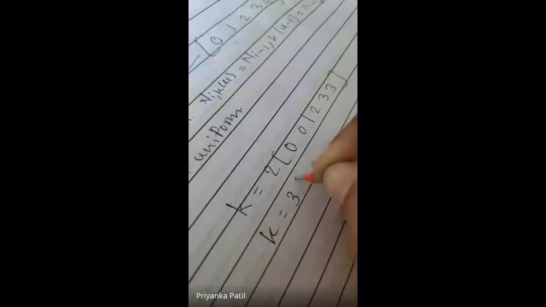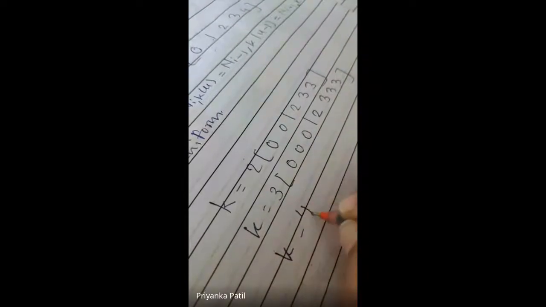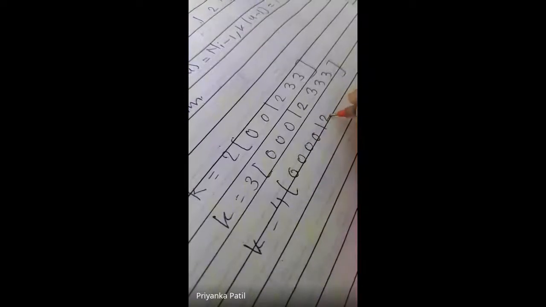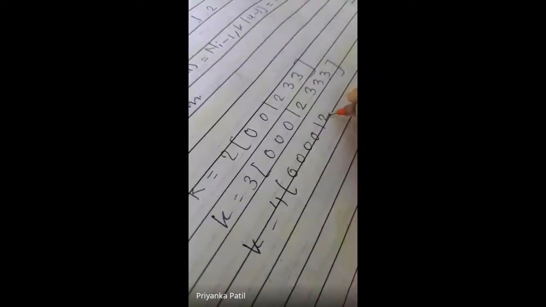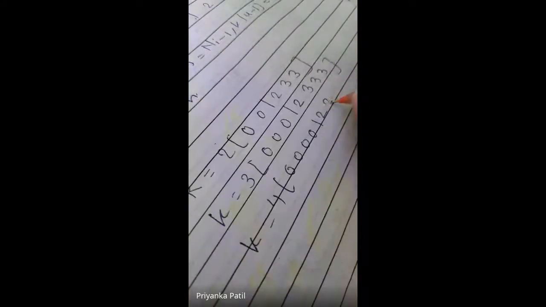K is equal to 3: 0, 0, 0, 1, 2, 3, 3, 3. K is equal to 4: 0, 0, 0, 0, 1, 2, 2, 2, 2.